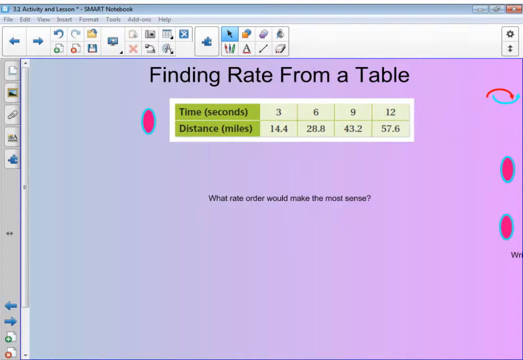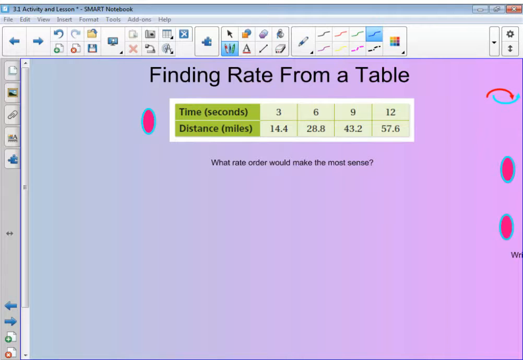So here I have miles and seconds. So we want to know how many miles per second we can go. Not to say that somebody might not want to know seconds per mile, but we're going to do miles per second. So we're going to take our Y's, which are our bottom, and I'm just going to go ahead and take this one. It doesn't matter which set I use. So I'm going to take the bottom number, 28.8, and write it as my top number. And that was my miles over 6 seconds.